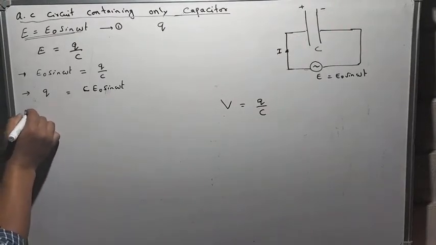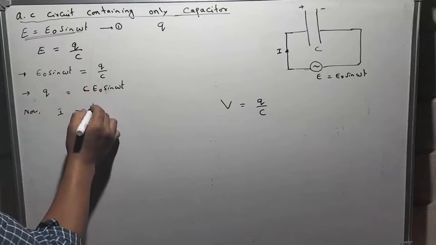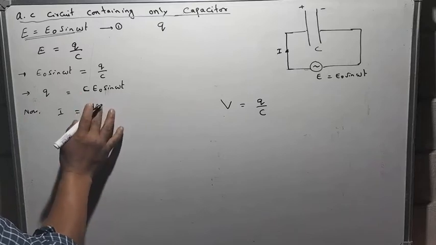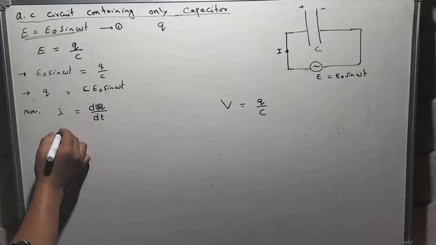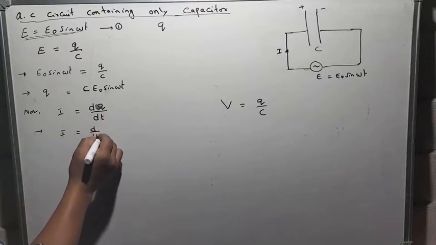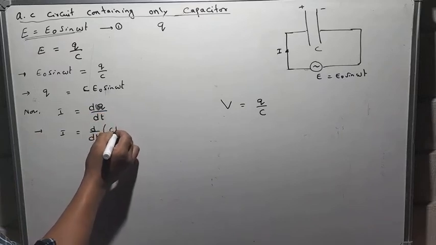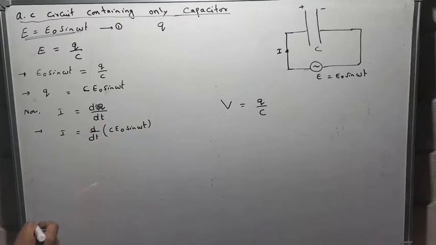Next, the current at that time t is given by, because we know current is equal to dq upon dt, I is equal to d by dt of C E naught sine omega t.